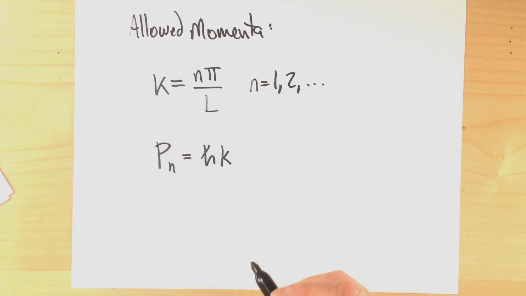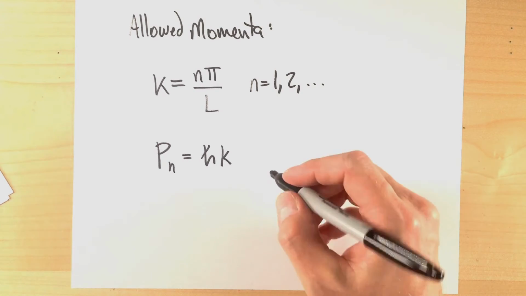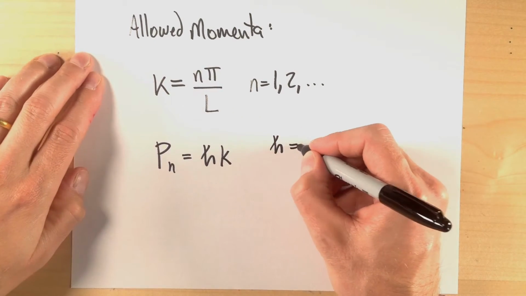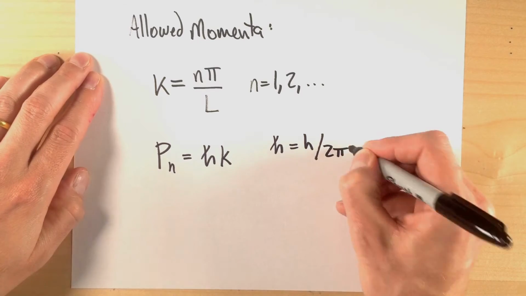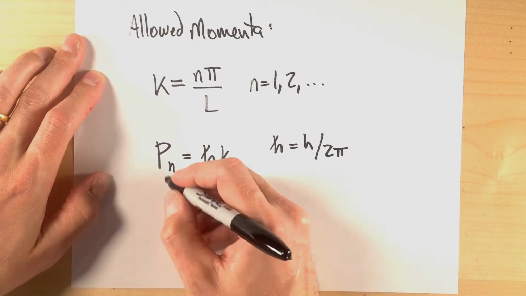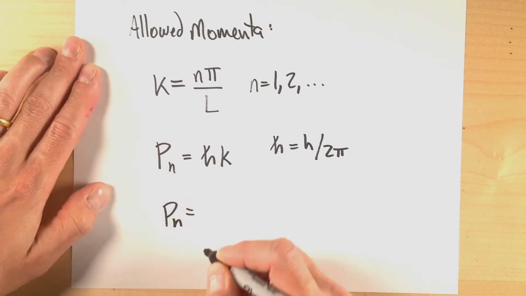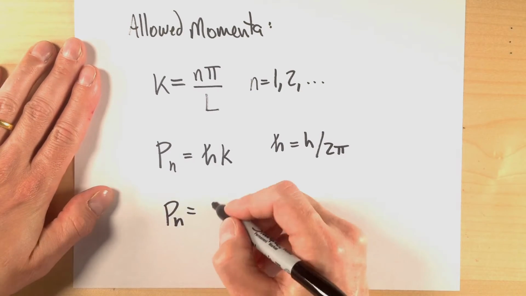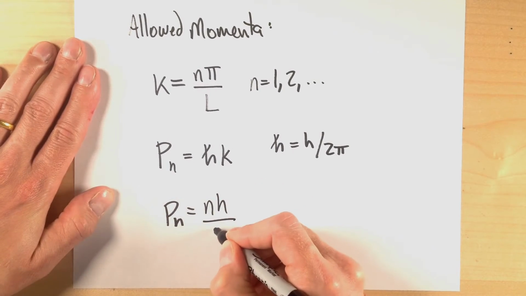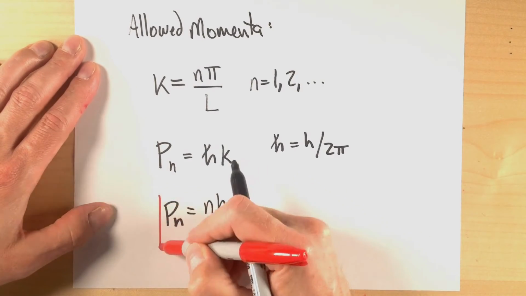And of course, k depends on n. And don't forget that h bar is equal to h, Planck's constant, divided by 2 pi. All right, so if we put these two together, we wind up with the momentum for the quantum state n is equal to n times h over 2L.